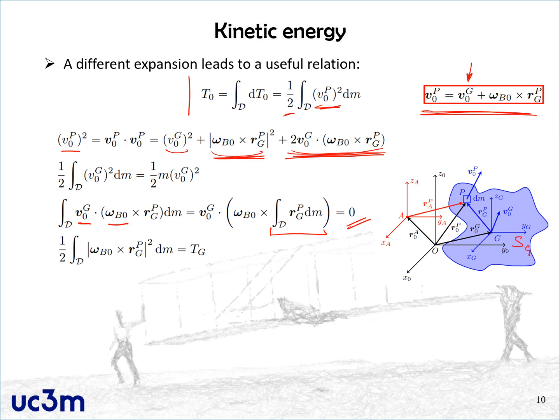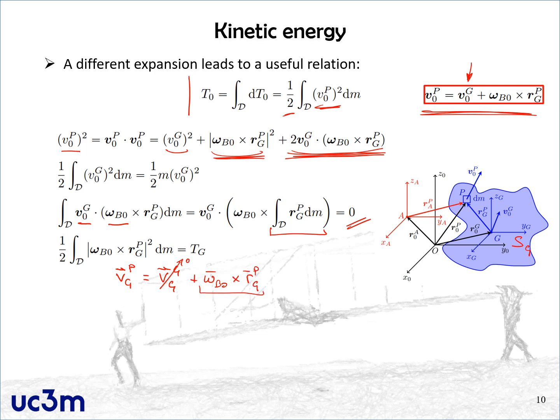All right. So this is basically the square of the velocity of the rigid body as seen from reference frame SG. Remember that the velocity of any point P as seen from reference frame G can be expressed as the velocity of G with respect to G, which is 0, plus omega B0 cross Rpg. All right.